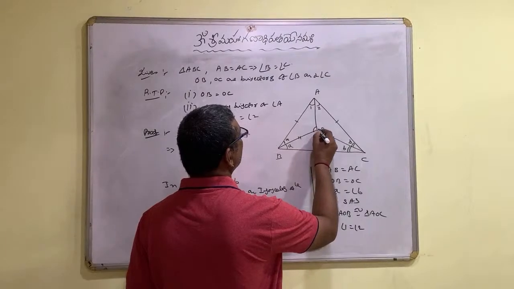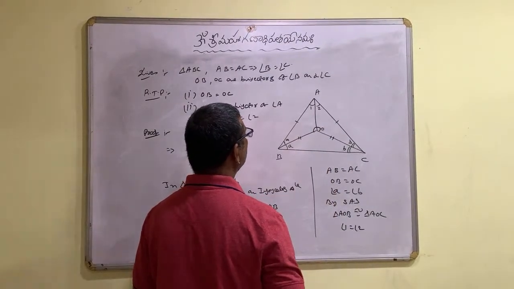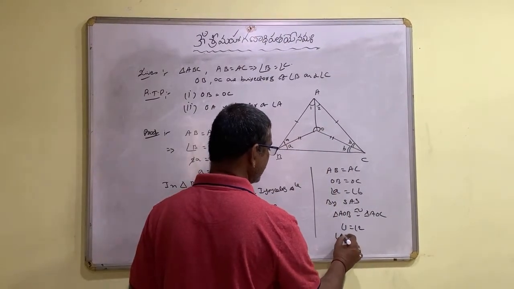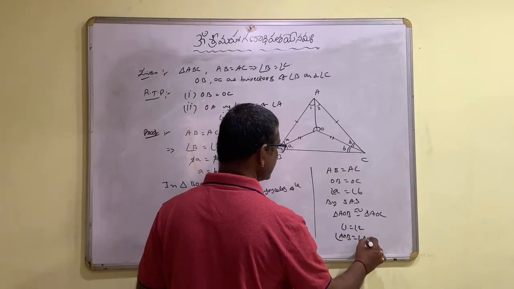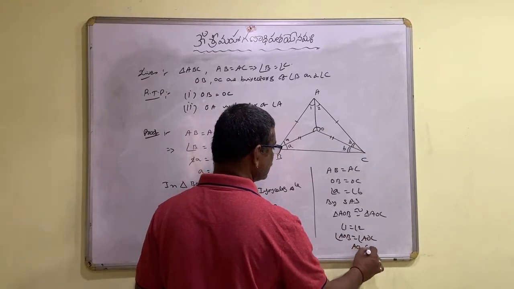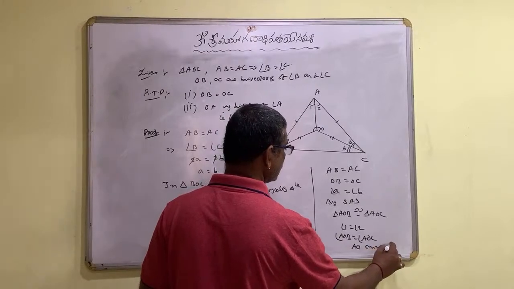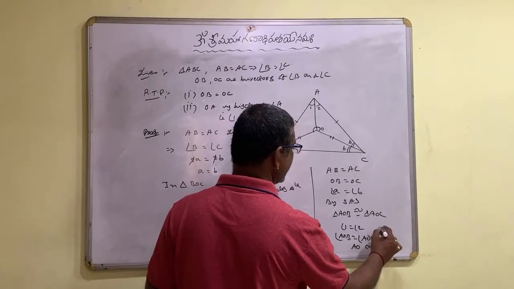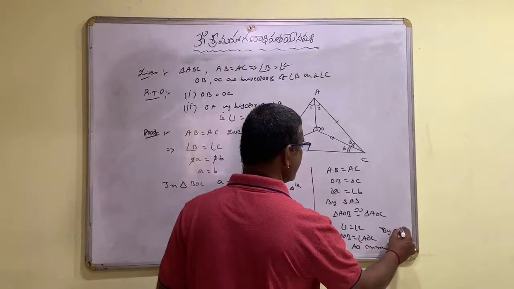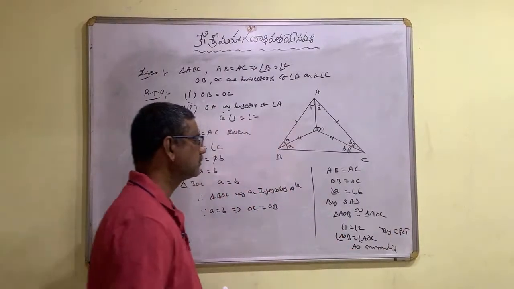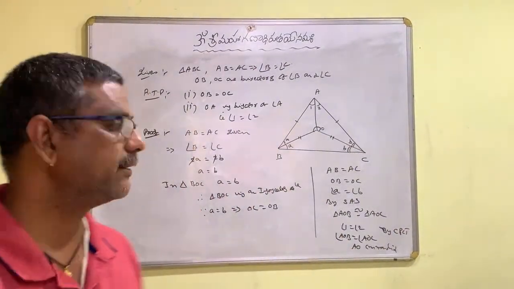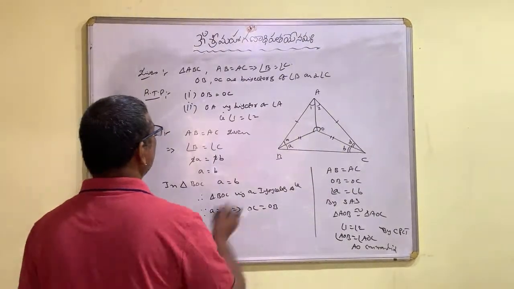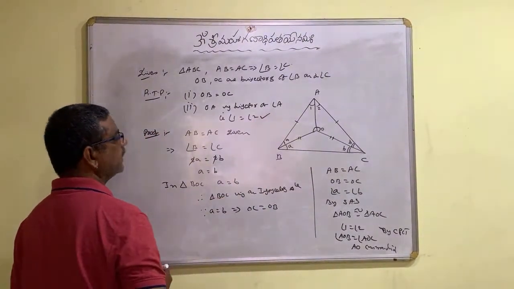This angle is also equal, angle AOB is equal to angle AOC, and AO is the common side, by CPCT. And what we have to prove? Angle 1 is equal to angle 2. That is done.